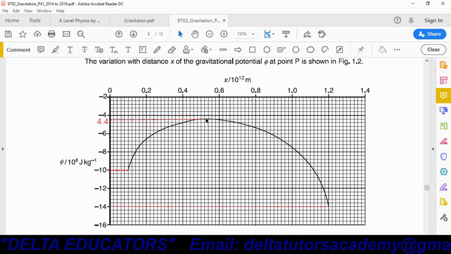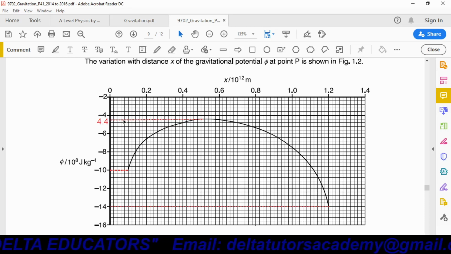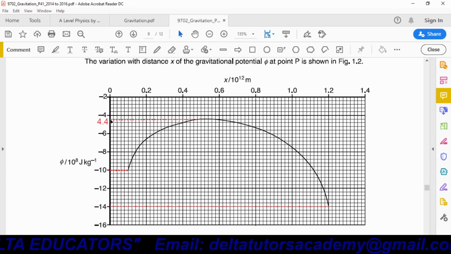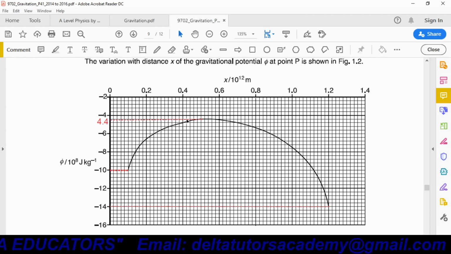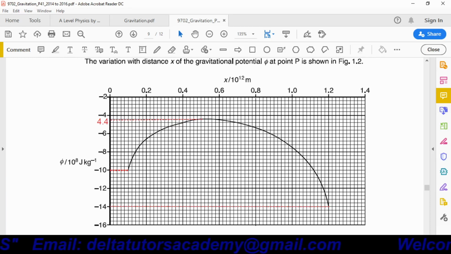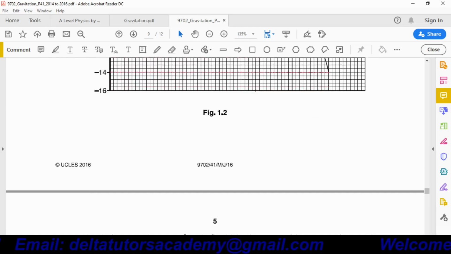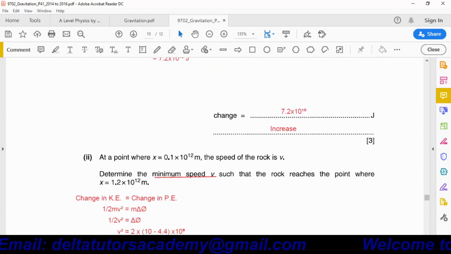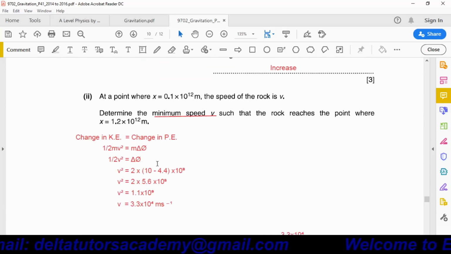This is the point where gravitational potential is maximum. So at this point kinetic energy is minimum, and the velocity of the rock will be minimum at this point. So we have to calculate the velocity at that point.